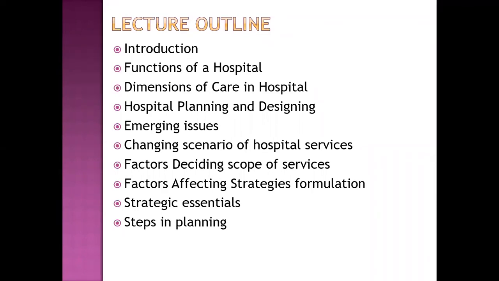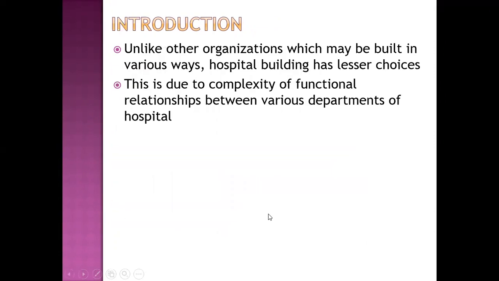Then I will talk about dimensions of care in hospital, followed by hospital planning and designing, emerging issues and changing scenarios of hospital services, factors deciding scope of services, factors affecting strategies formulation, strategic essentials, and finally steps in planning.